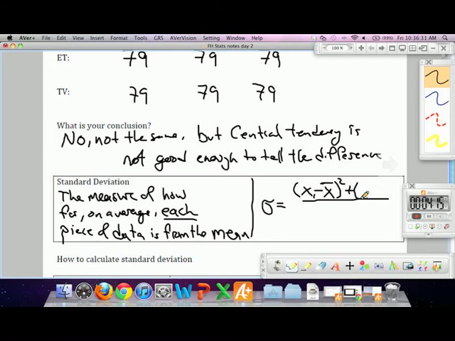So I'll do x2 minus the mean, which is x bar, and square. If I have 3 pieces of data, the next is x3 minus the mean, and so on. I'm going to represent that pattern with an ellipsis. It's 3 dots. That means continue the pattern.